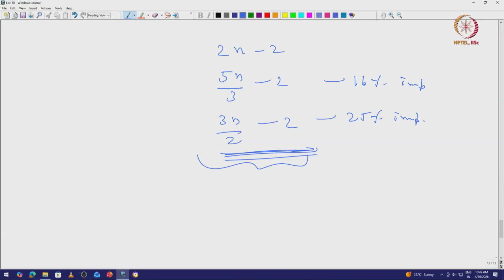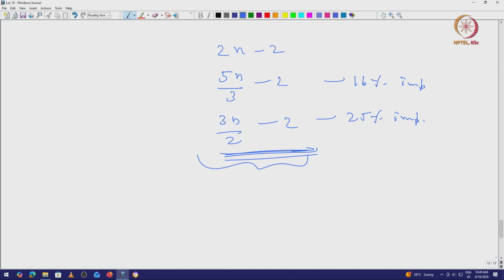That is one way of improving the efficiency. The other way is looking for a careful split so that you get further advantage. From 2n algorithm you have come down to 3n by 2 minus 2 algorithm.